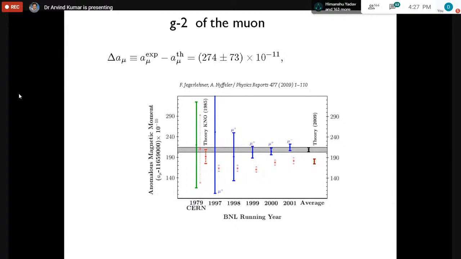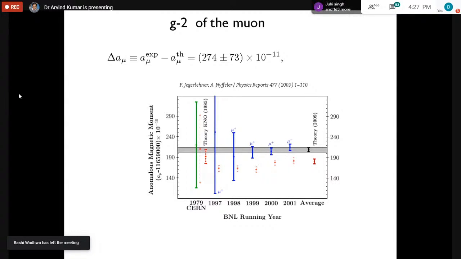The G-2 of the muon, which I said, also contains electroweak contributions, which are a very big number essentially. In this figure, what you see is the blue lines are the experimental G-2 measurements, and the red lines are the theory G-2 calculations.